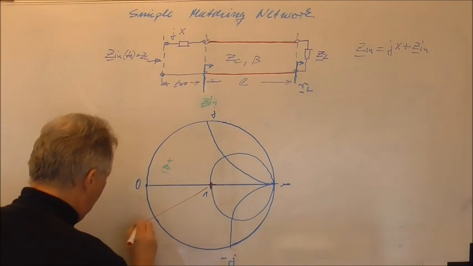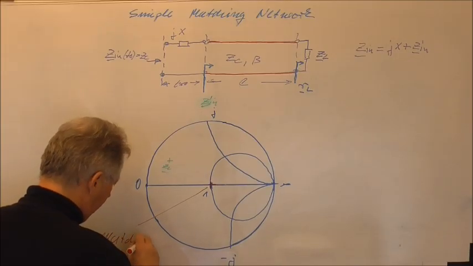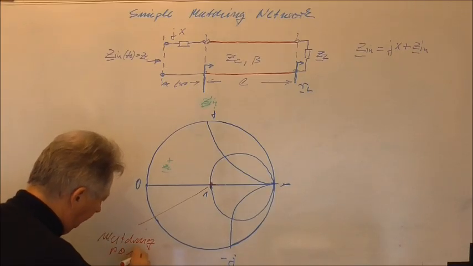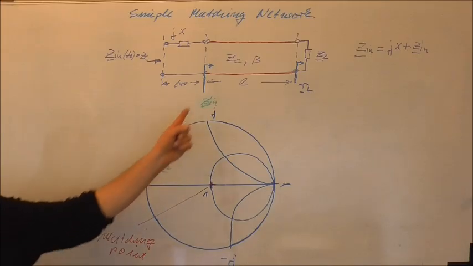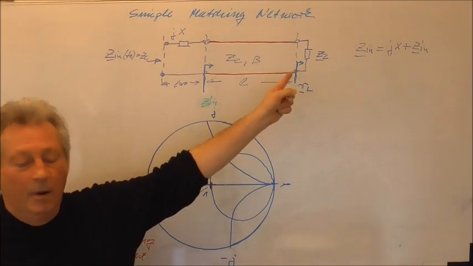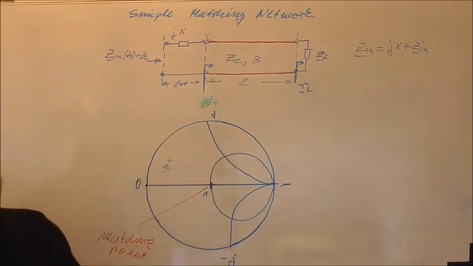This is our matching point. And the question is now, how can we combine the two possible movements to come from here to here?